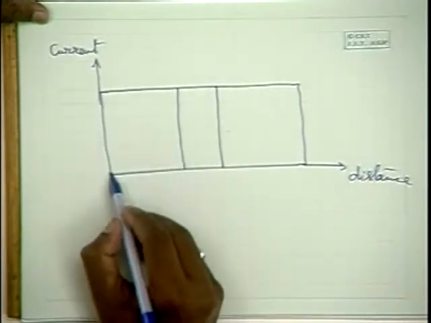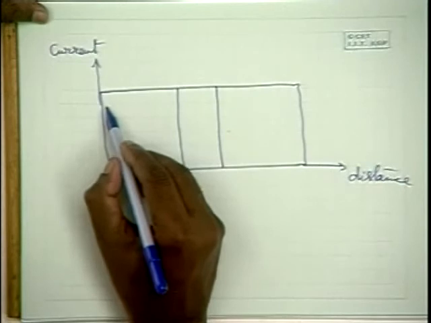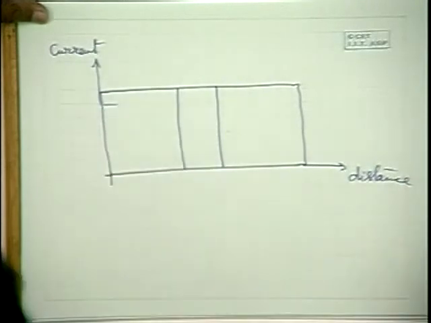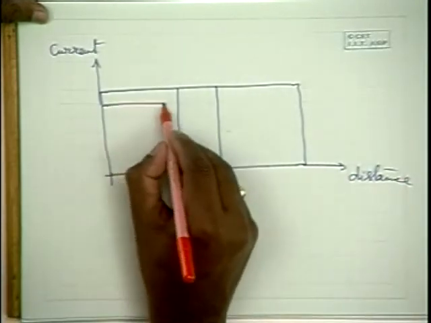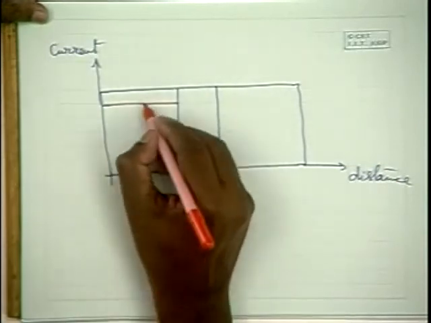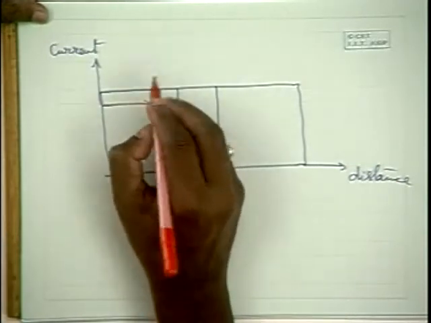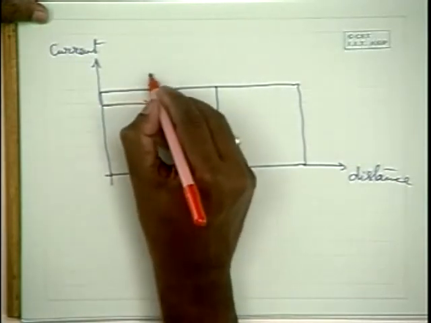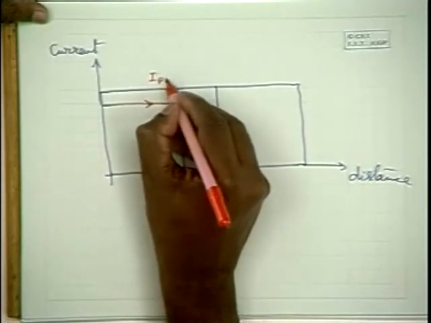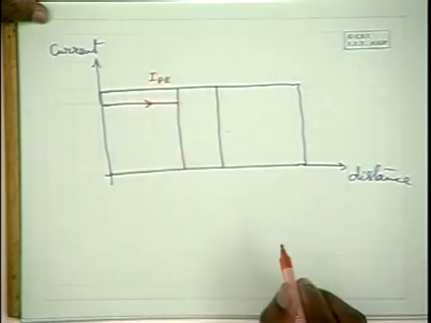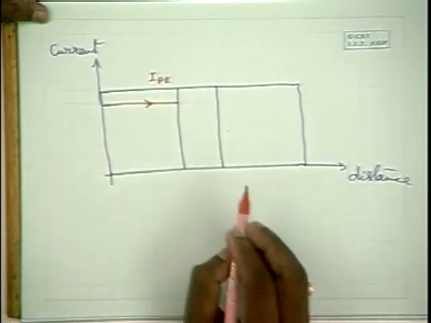Due to diffusion of holes, you have a large amount of hole current passing in this direction. This current is due to the holes from the emitter side, so let me indicate it as IPE.